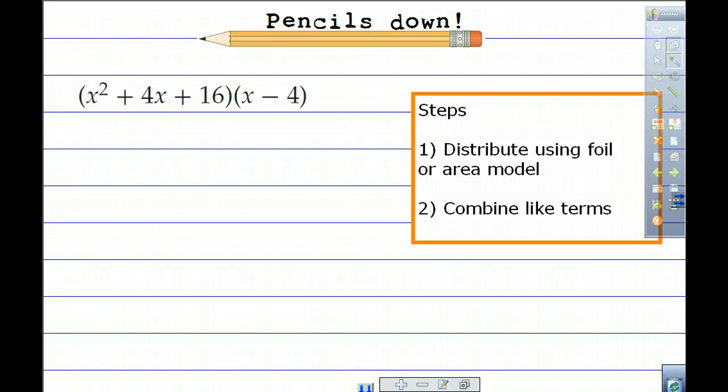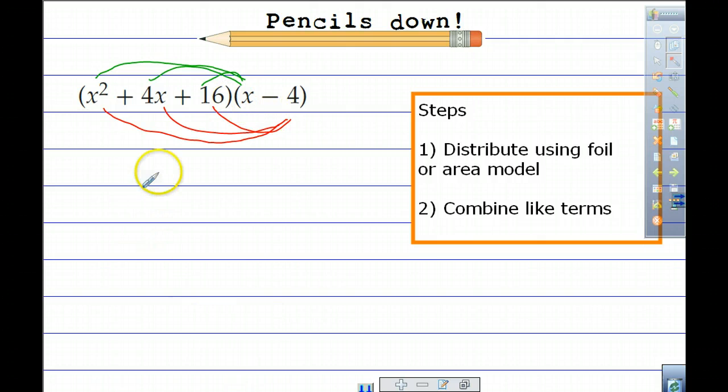Good. Lastly, multiplying by a binomial or trinomial. Lots of ways of doing this. You can distribute 1, 2, 3, 4, 5, 6 times, and then combine all the like terms, and it'll be just a long string of terms. Or use the box method, which would be a little bit more organized, and it lines up all the like terms on a diagonal for you.